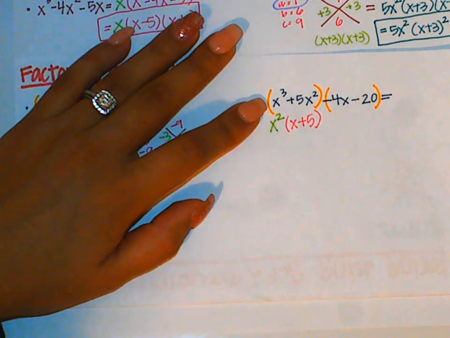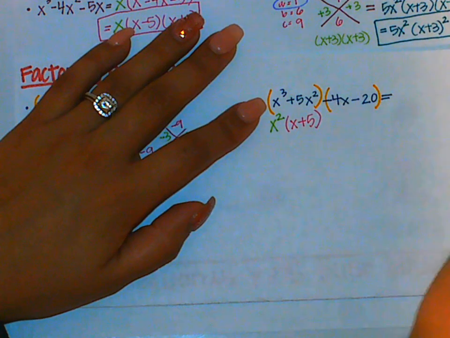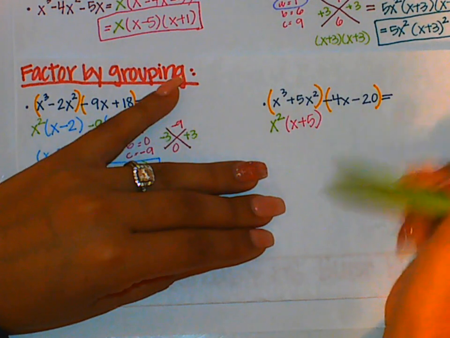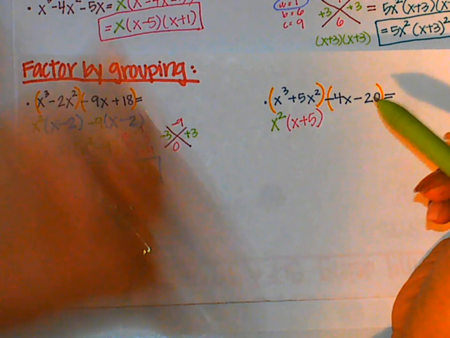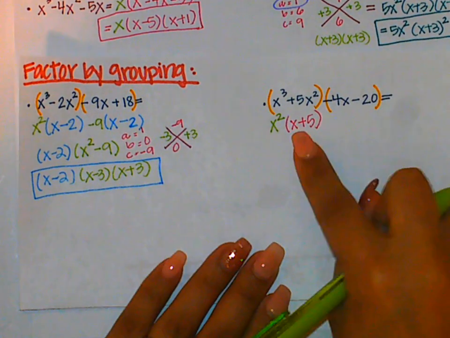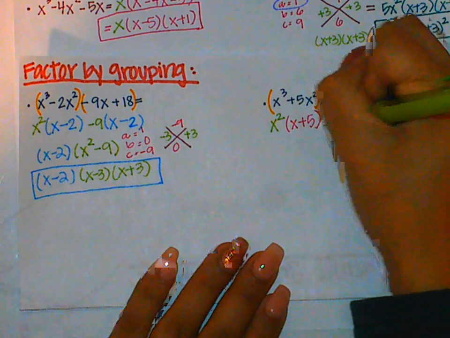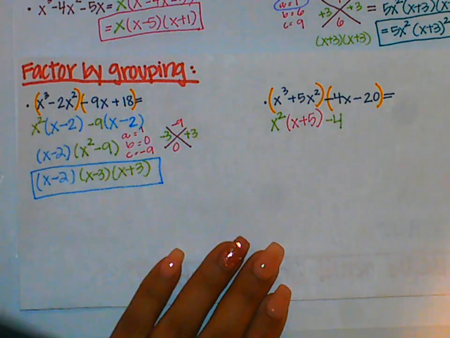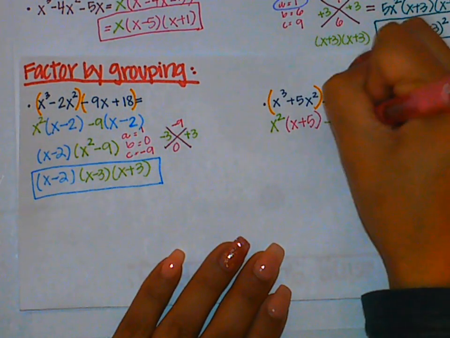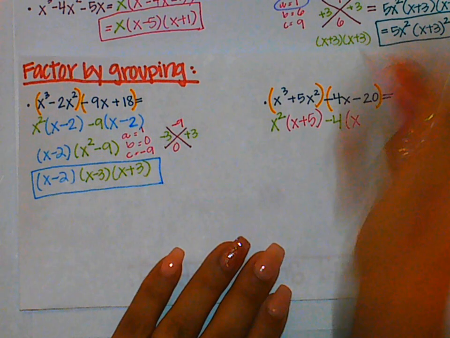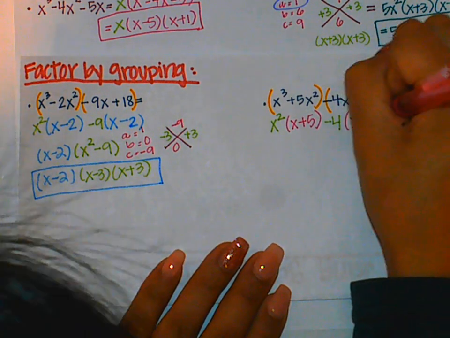So I just keep that in mind when I go into pulling out a GCF. Here I can pull out a 4 or a -4. But since I want it to be an x plus 5, I am going to pull out a -4, and I'd be left with the x. So a -20 divided by a -4 would give me this +5, which is what I wanted.